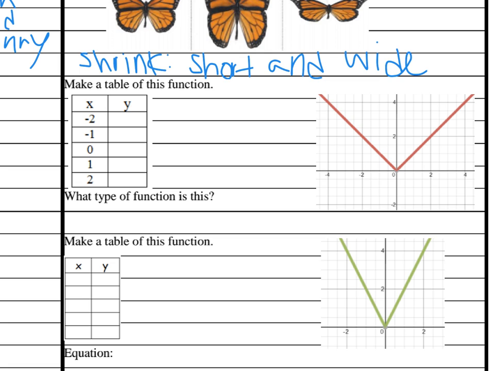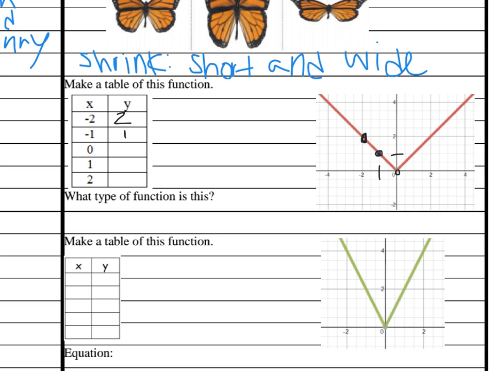In this first example, we are asked to make a table of the function given just the graph. When x is -2, it looks like y is up at +2. So we can fill in the table as we go. -2, +2. When x is -1, so left 1, it looks like y would be at 1. -1, +1.